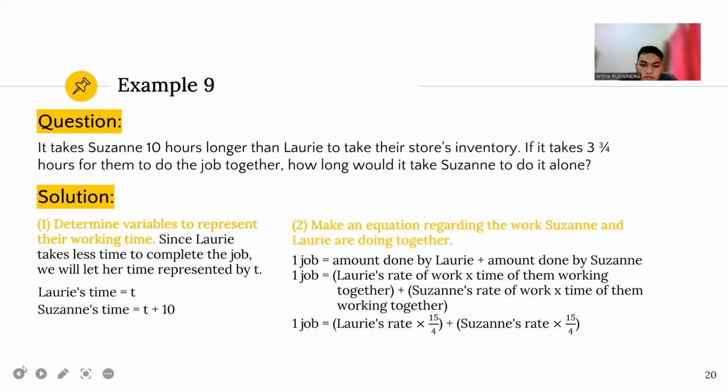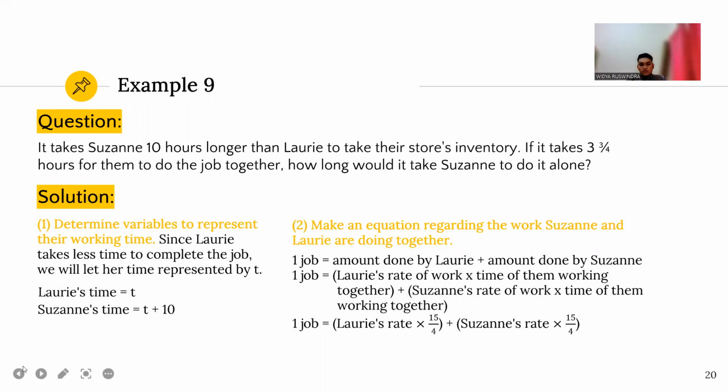First, one job equals the amount done by Laurie plus the amount done by Susan. One job equals Laurie's rate of work times the time of them working together, plus Susan's rate of work times the time of them working together.